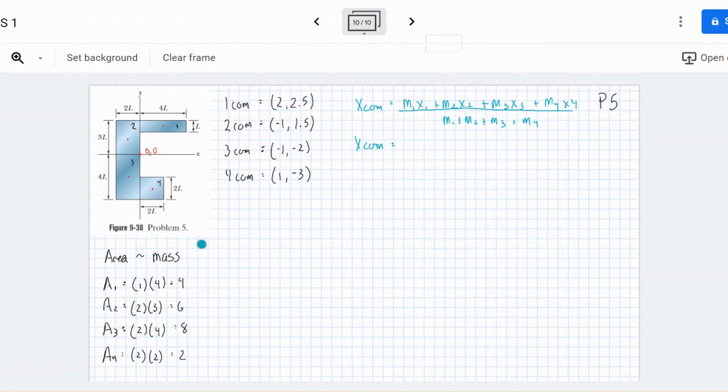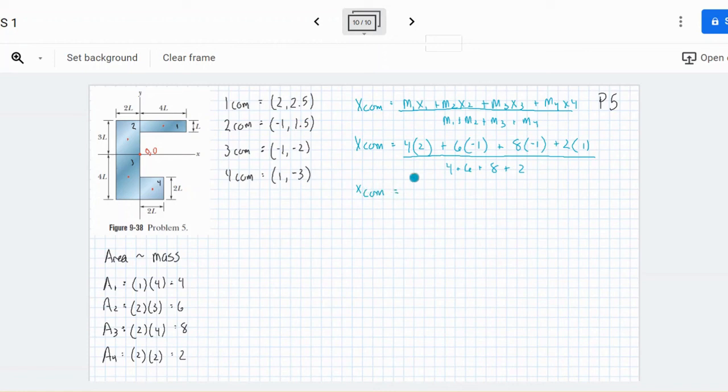Okay, well, mass of 1 is 4, times x position is 2, mass of 2 is 6, times x position is -1, plus mass of 3 is 8, times x position is -1, mass of 4 is 2, x position is 1. Divide this all by the masses. 4 plus 6 plus 8 plus 2.